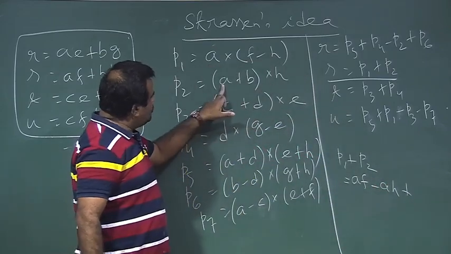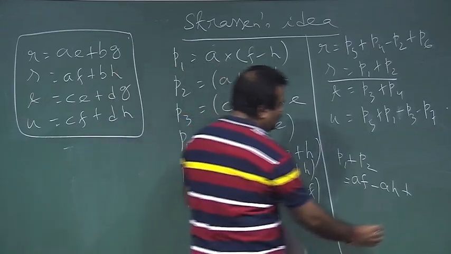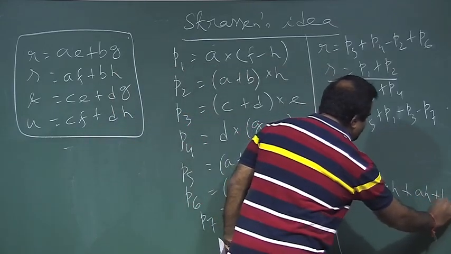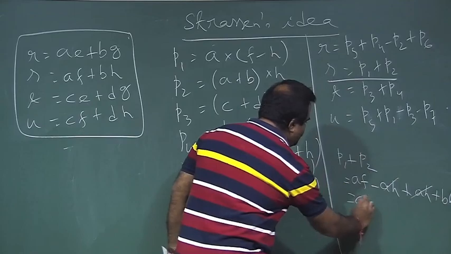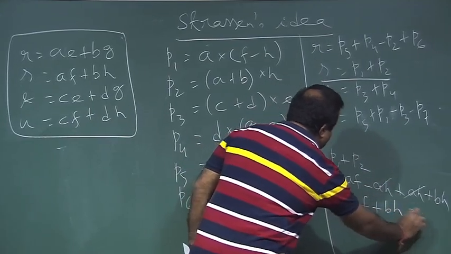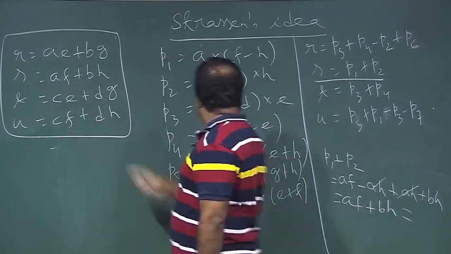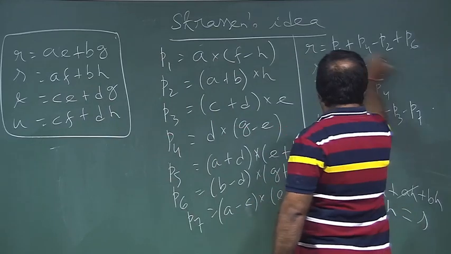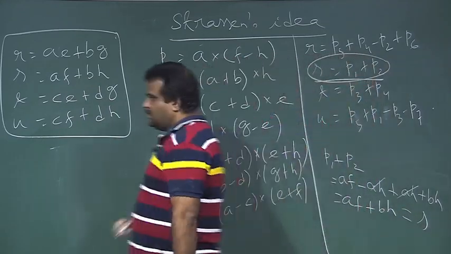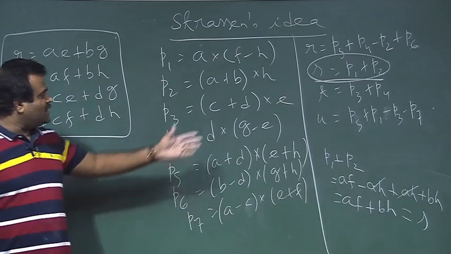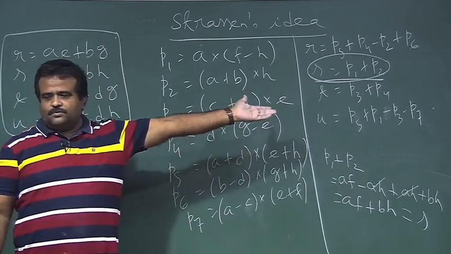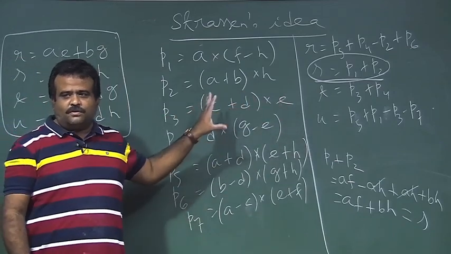P2 is AH plus BH. These two are cancelling, giving AF plus BH. AF plus BH is basically S. So, this is verified: S equals P1 plus P2. The remaining terms you can easily verify by putting in the values of the Ps. So, this is the formula.